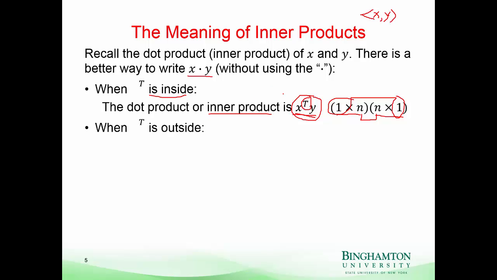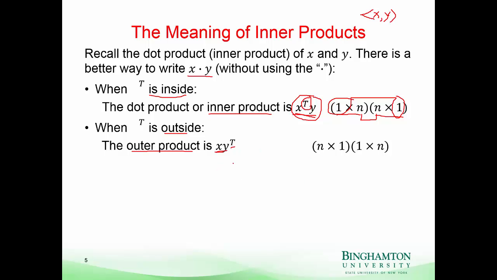Now, when the transpose is outside, then we do something like this. X times Y transpose. The transpose is outside of the product, and so this is called an outer product. And again, we can see that for X and Y both being n-dimensional vectors, this operation is valid.